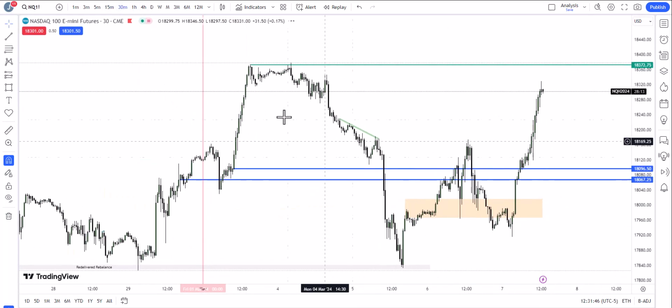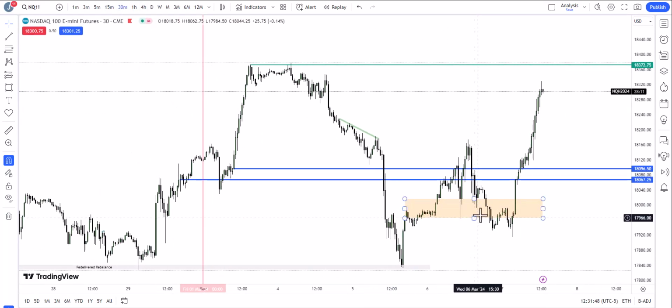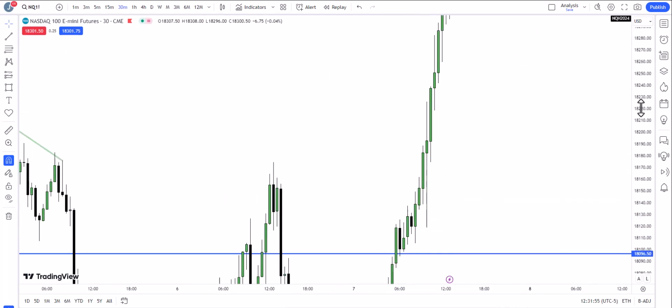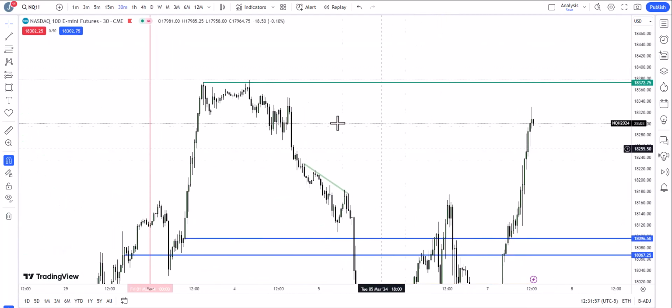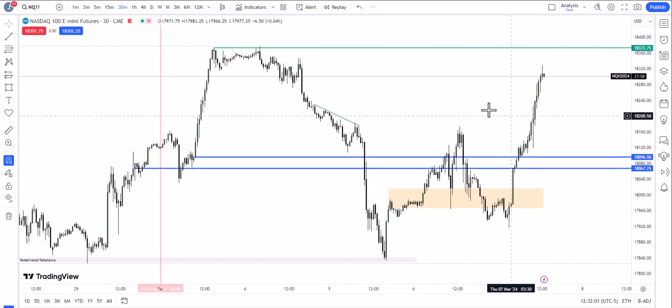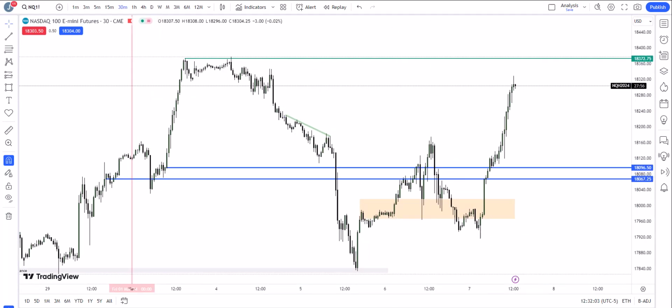how nicely price came into that area there, came up into here, tapped off that, proceeded to go up, and here you can see we have buy stops resting there, and engineered liquidity as well. So all this little back and forth is just trapping traders, engineering buy stops.